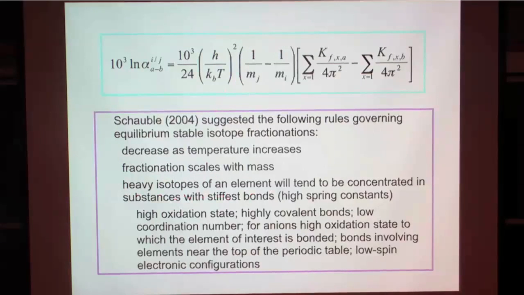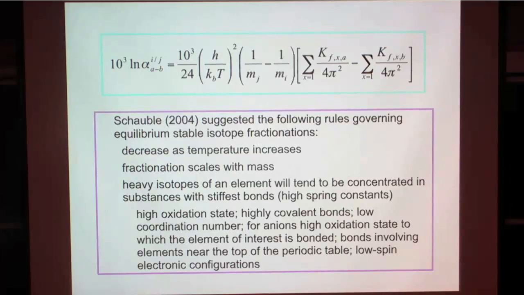And heavy isotopes of an element will tend to be concentrated in substances with the stiffest bonds, with high spring constants. You have high oxidation state, high covalent bonds, low coordination number. For anions, high oxidation state of the element to which the element of interest is bonded, bonds involving elements near the top of the periodic table, and low spin electronic configurations.